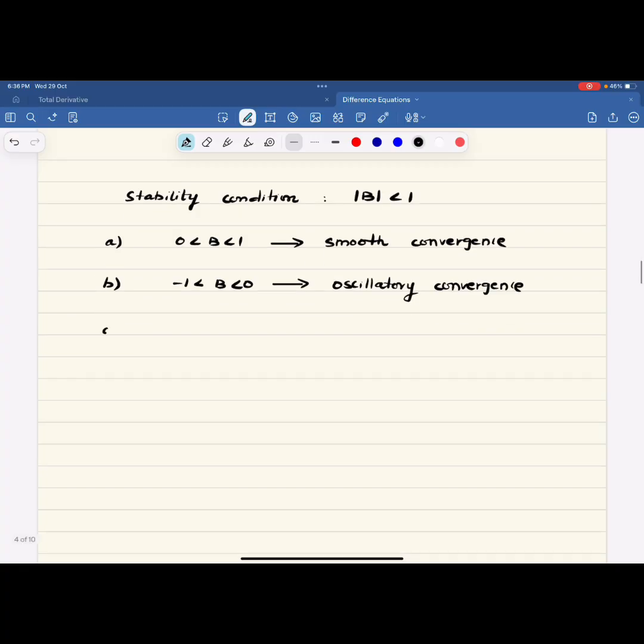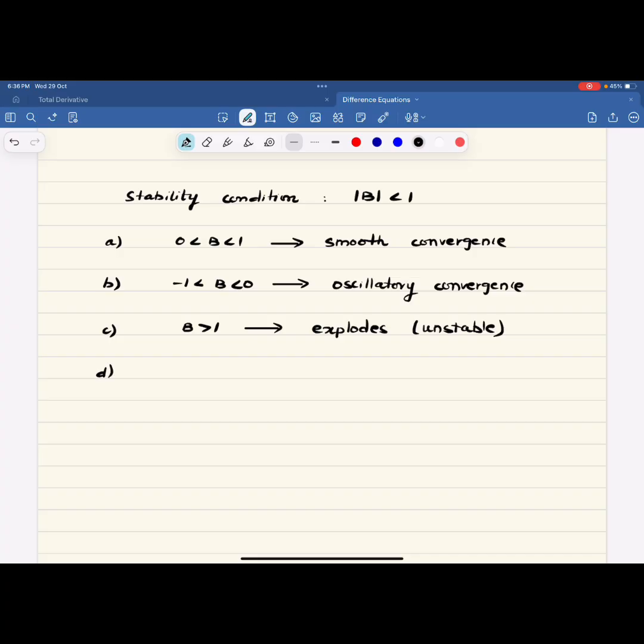And if the value of β exceeds 1, this is an unstable model; it explodes.